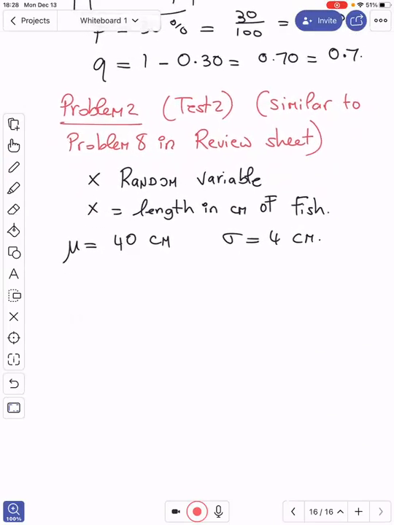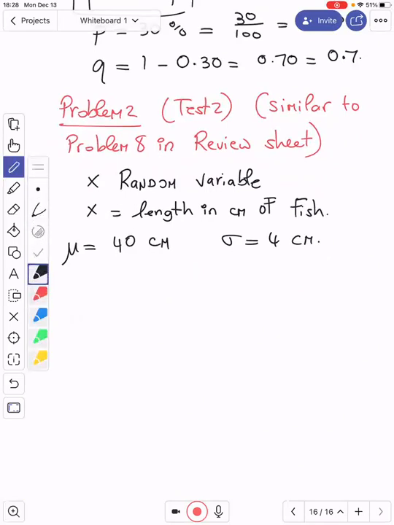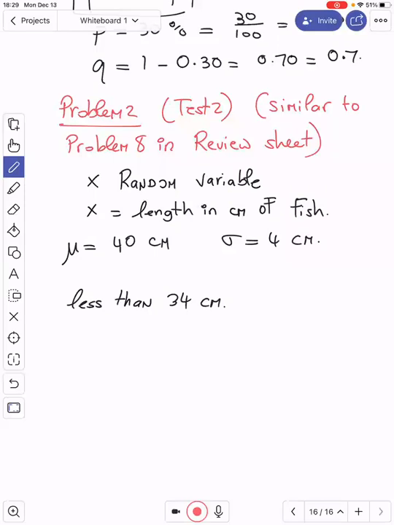So it says, first, what's the probability that the length of a fish caught in the lake is less than 34 centimeters? Like in the review sheet, the first question says it takes no more than 2.2. No more than 2.2 means less than 2.2.